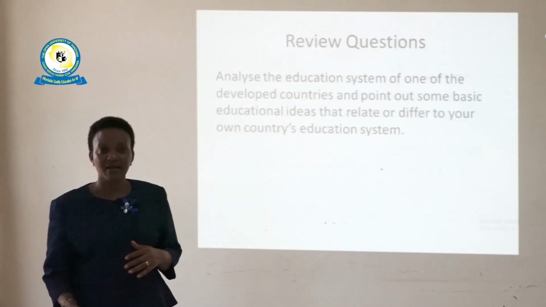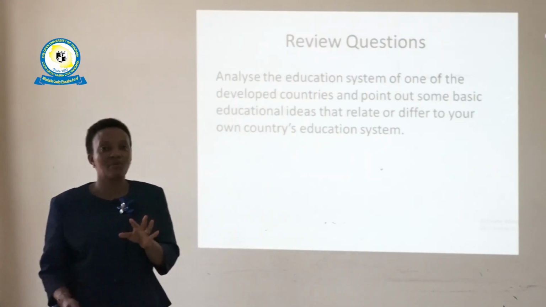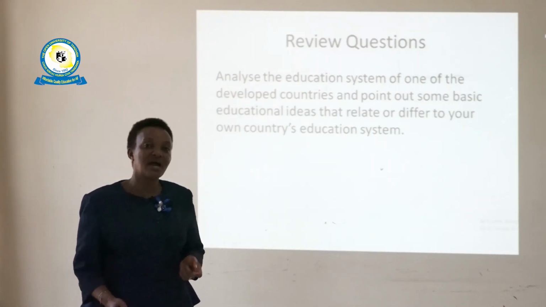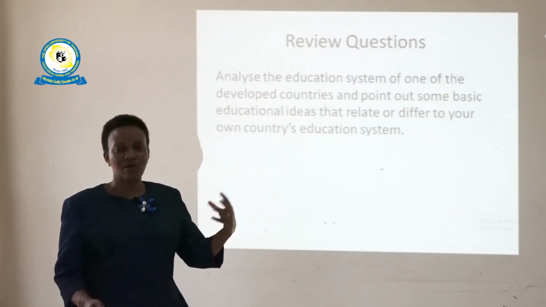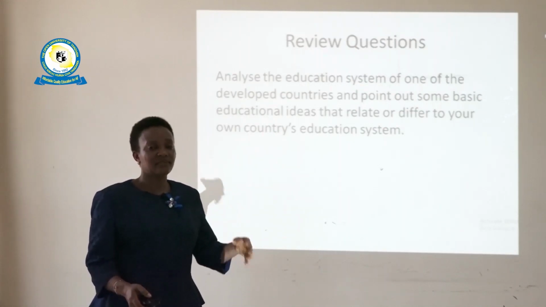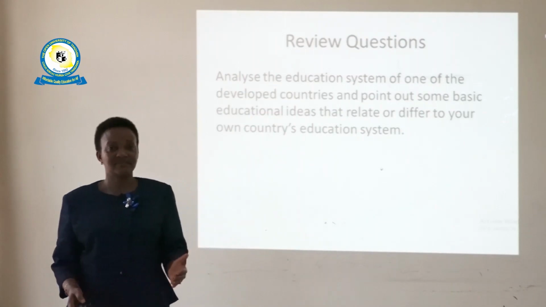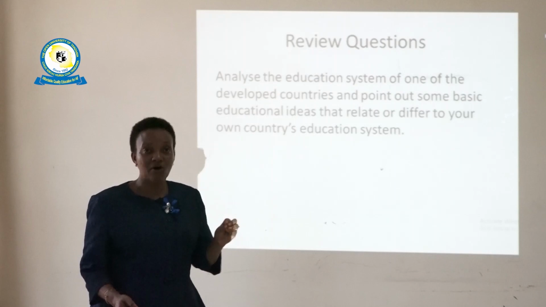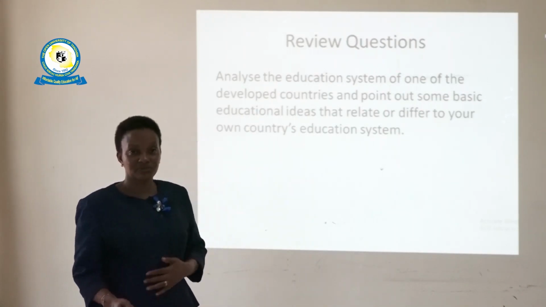And from there, you will be able to analyze the education system of one of the developed countries and point out some basic educational ideas, like the structure, the administration, the organization, the control, the financing, and relate or differentiate those educational entities to your own country's education system.